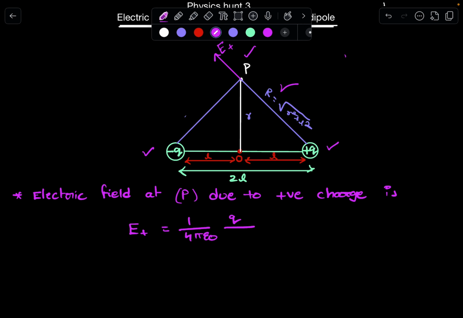This root will become cancelled, so the rest of the term will be the denominator, correct or not? So we can write it as r square plus L square. Let us assume this is equation number 1.